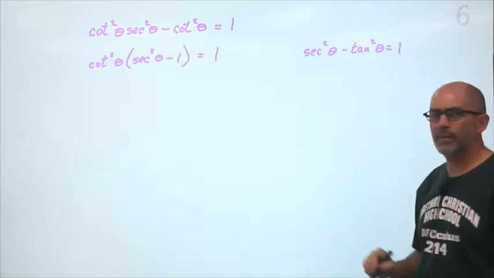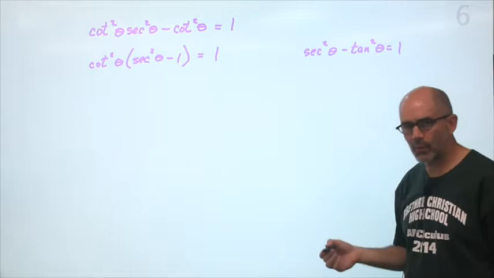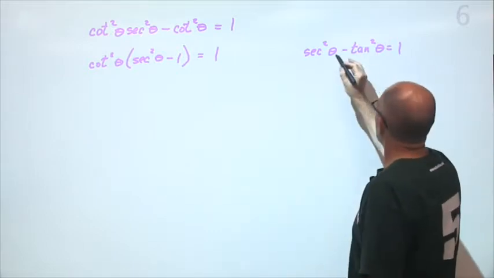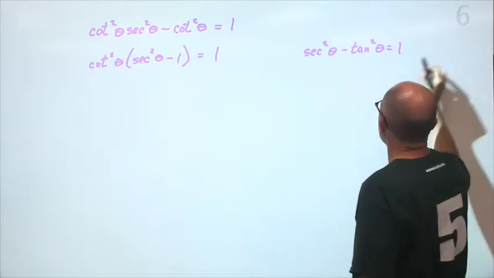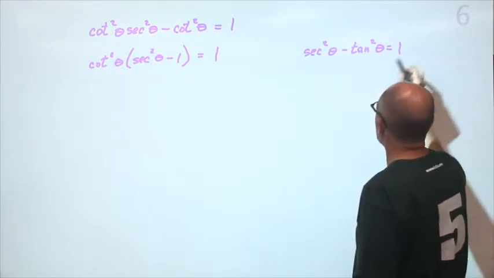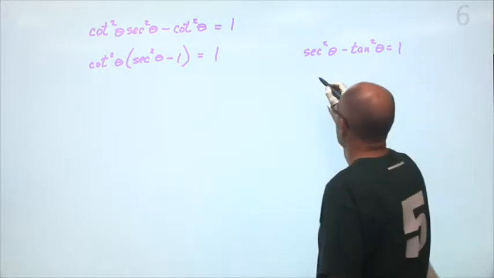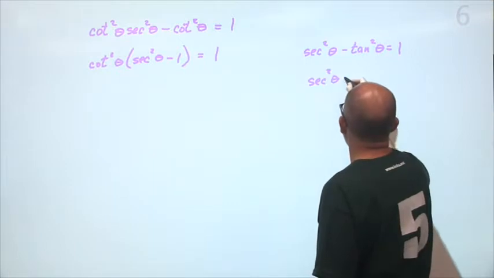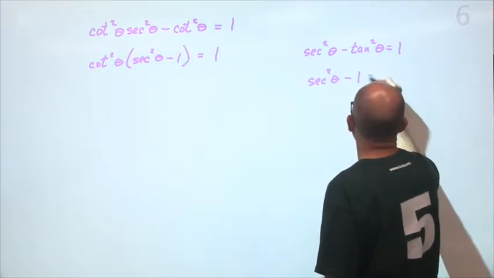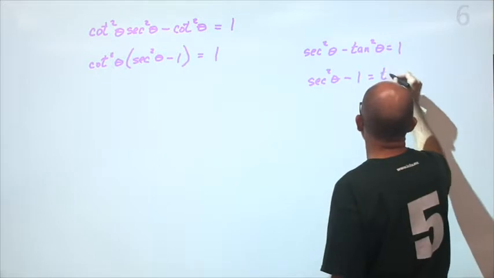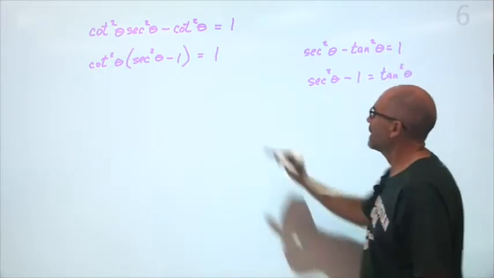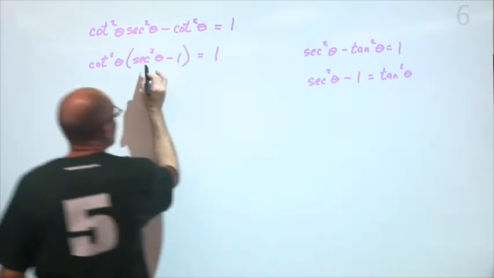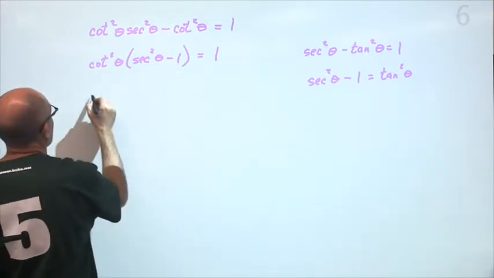That's a trigonometric identity that we've all memorized. So if I add the tangent squared over to the right and I subtract 1, then I end up with secant squared theta minus the 1 equals the tangent squared theta. So what I can do is substitute the tangent squared theta in here for secant squared minus 1.